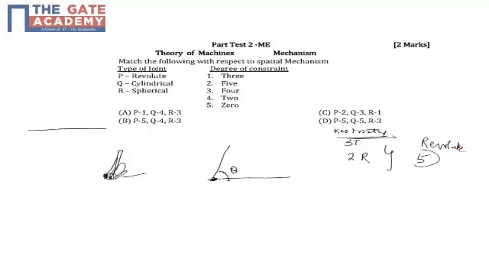Okay, now coming to the cylindrical joint. The cylindrical joint is basically a rod inside a hollow cylindrical surface. So when you imagine a cylinder inside a hollow cylindrical surface, relative to the hollow surface, this cylindrical rod can only translate and rotate.